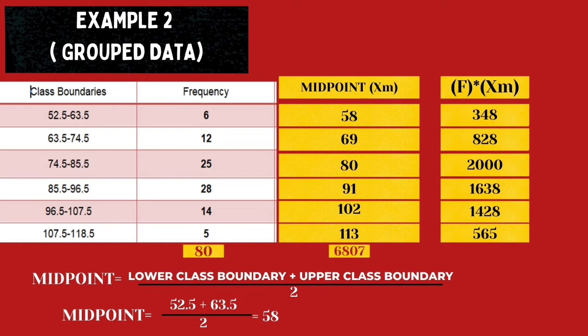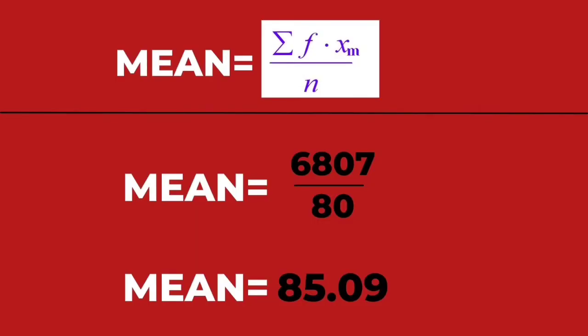The third step is to find the sum of the second and fourth columns. That is, we're going to add all our frequencies and the products of our frequency and midpoint. We have 80 and 6,807 respectively. By substituting in the given formula, we have 6,807 divided by 80.